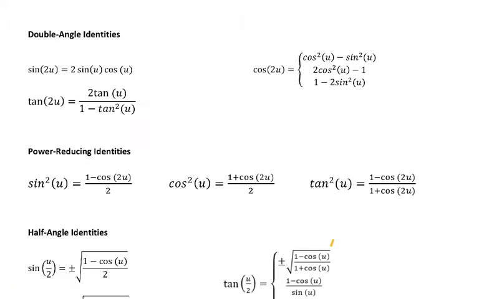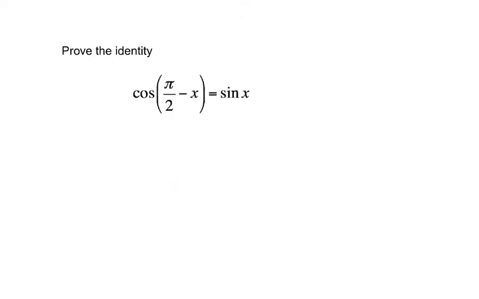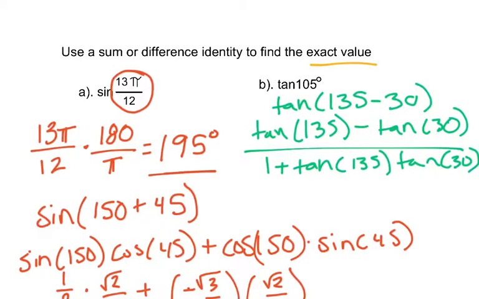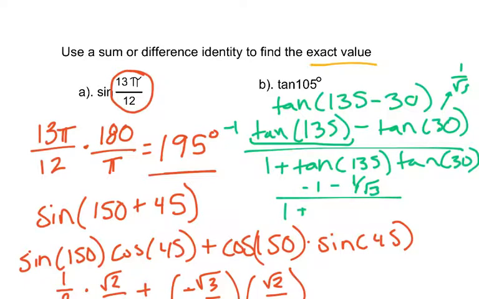So negative 1 for this one, and 1 over the square root of 3 for tangent of 30. So if we simplify, we're going to have a negative 1 on top minus 1 over the square root of 3. And then 1 plus negative 1 times 1 over the square root of 3.